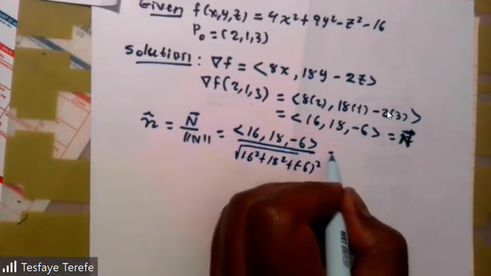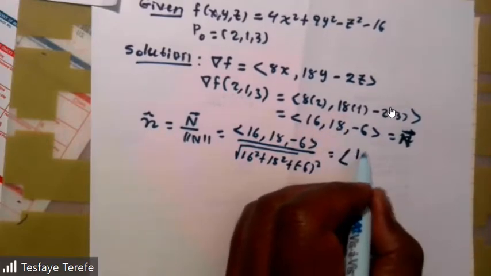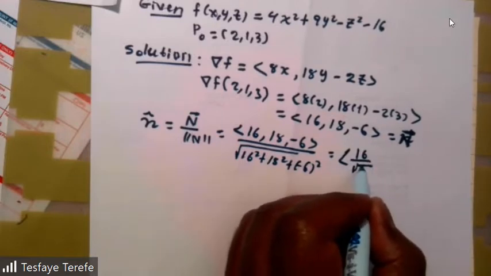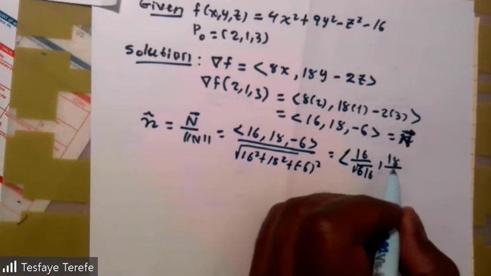It's already calculated: 16 over the square root of 616. You can add it up and check it; I'm not going to spend time on this.